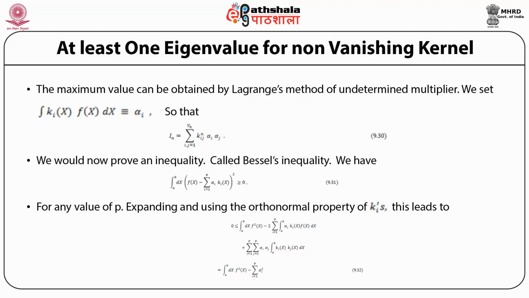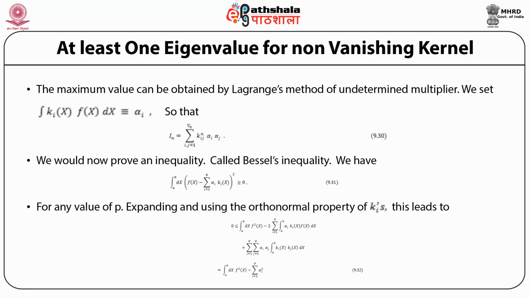Expanding and using the orthonormal property of the psi_i's, this leads to the integral from a to b dx of f squared(x), minus twice the sum over i to p of the integral from a to b of alpha_i psi_i(x) f(x) dx, plus the sum over i and j from 1 to p of alpha_i alpha_j multiplied by the integral from a to b of psi_i(x) psi_j(x) dx.